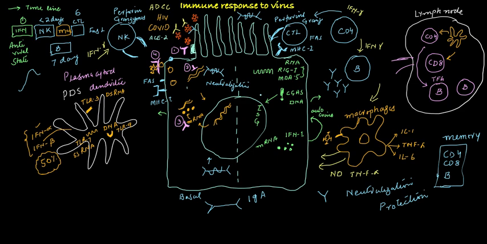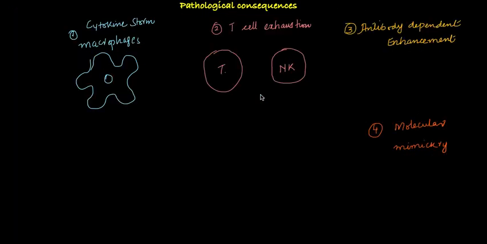Now, sometimes during viral infections there are some pathological consequences that take place as well, and that is the result of 4 different mechanisms. One of them is called cytokine storm. As I mentioned, when the macrophages detect the presence of a virus, or they engulf the virally infected cells, they tend to produce important cytokines, IL-1, IL-6 and TNF alpha, and these have a lot of functions.